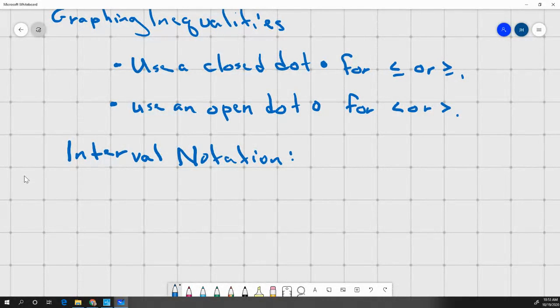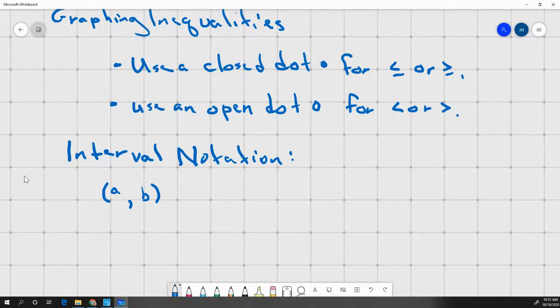So the couple things you're going to have to know is we're going to be using either parentheses, right? The parentheses indicate from this point to this point, but this is like our open dot. So it's saying that it doesn't equal anything on this side and it doesn't equal anything on this side, right?